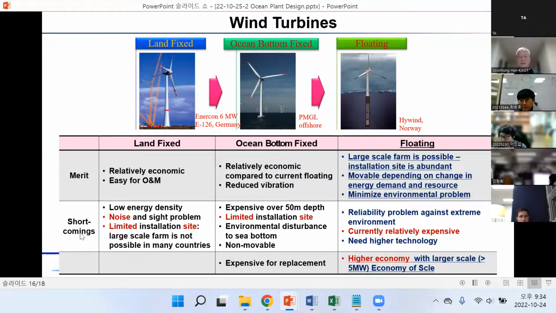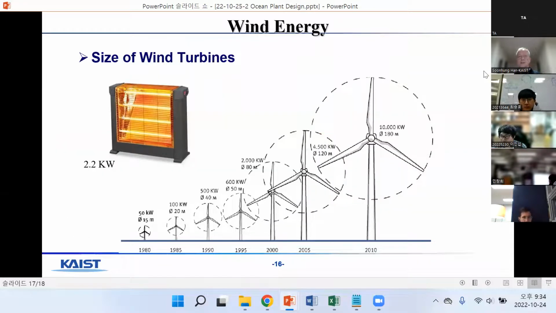And there are advantages and disadvantages of land fixed, ocean bottom fixed, and floating types. The size increased from 1980 to 2010, thirty years of development, from 50 kilowatts or 15 meter diameter.